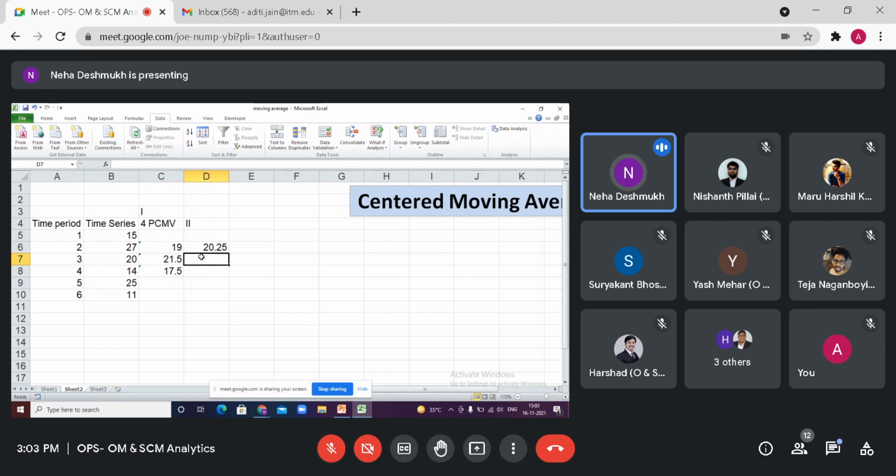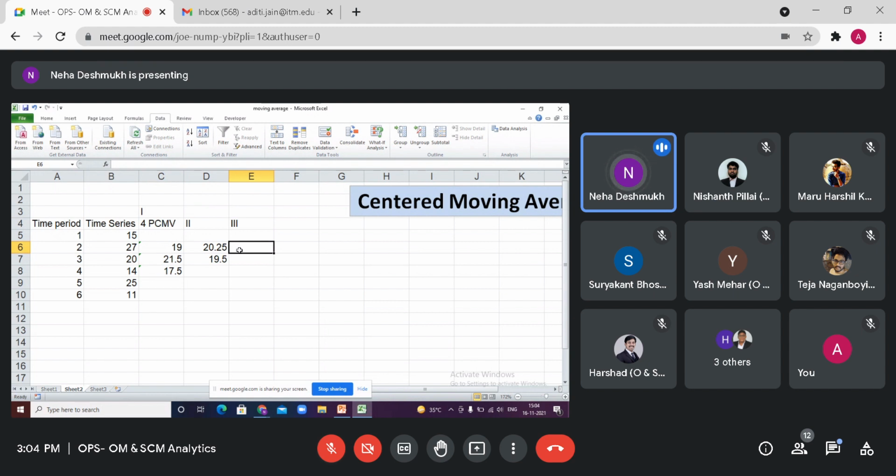Then one more value is there. In the first stage we select 4 values, average, and enter. In the second stage, take these two values, second moving average. Then the third is the centered moving average.